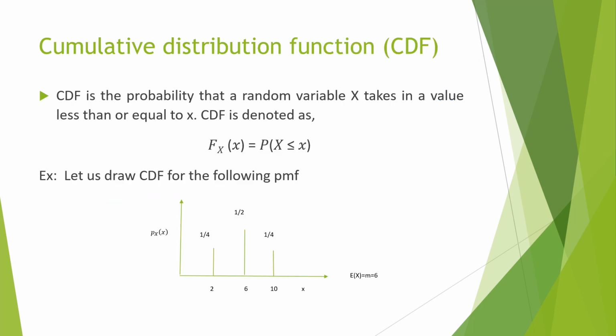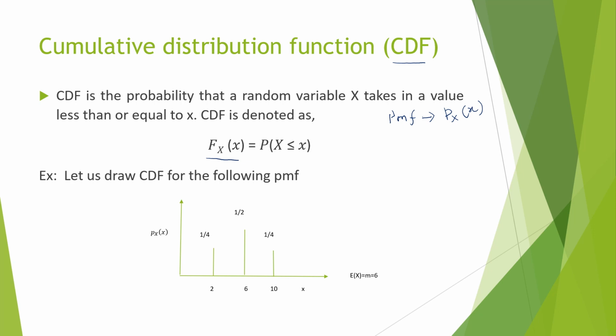Previously, we discussed the probability mass function, that is PMF. It is denoted as probability of the random variable X taking the value x. Now we go for the cumulative distribution function. The cumulative distribution function is denoted as capital F_X(x).